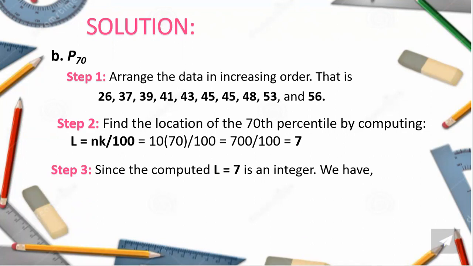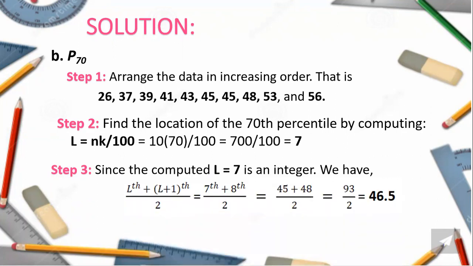So what happens now is we get the average of the L and the L plus 1 observations. We add the two values, then divide by 2. So the 7th observation plus the 8th observation, divided by 2. Referring to the arranged data, the 7th observation is 45 and the 8th observation is 48.